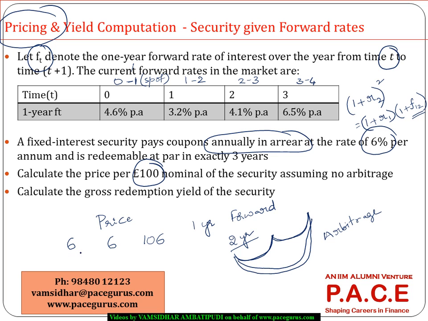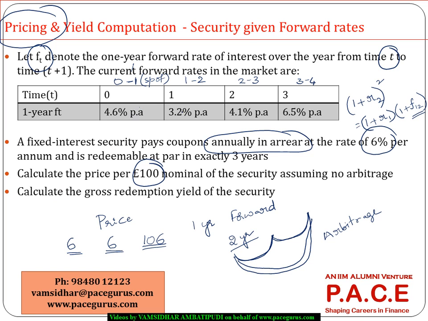So cash flows are 6 after 1 year, another 6 after 2 years, and 106 after 3 years. But because the interest rates are different for each period, the discounting factor will differ for each period.